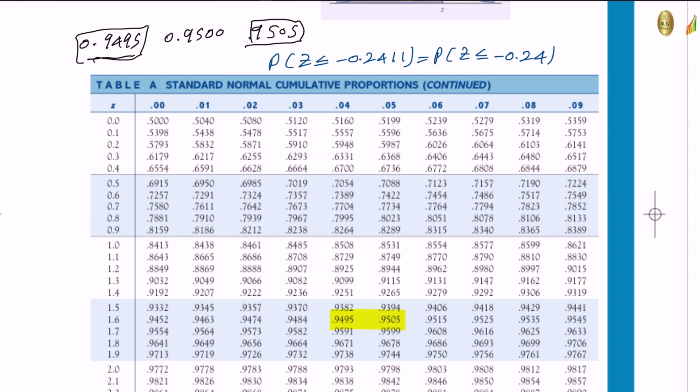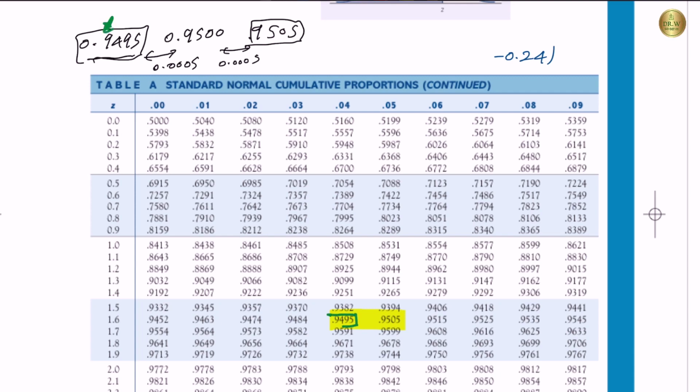Also the difference between these two numbers is 0.0005, and this one also 0.0005. In this case, how do we find the z value? We find the z value of each number. This is 0.9495, so the z value is 1.64.